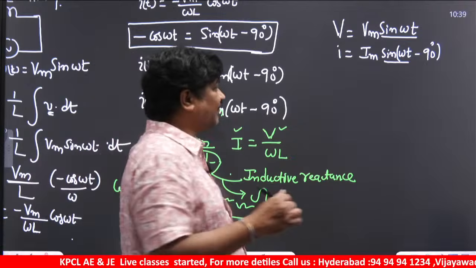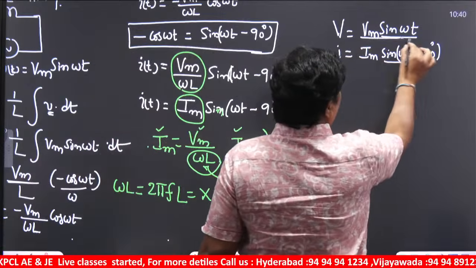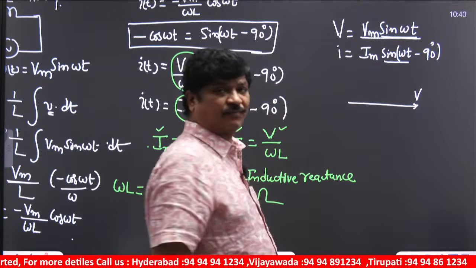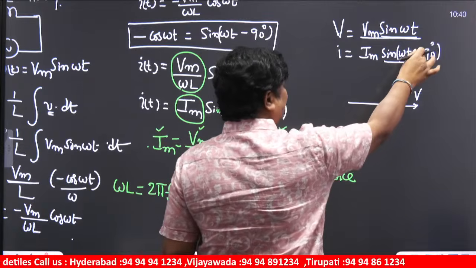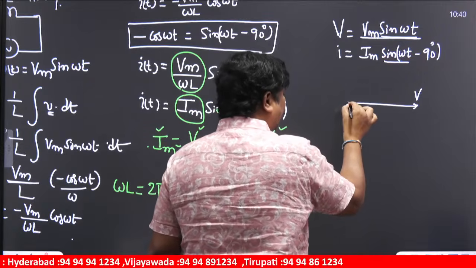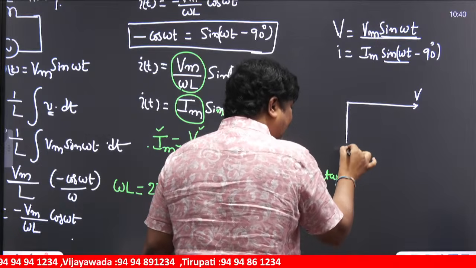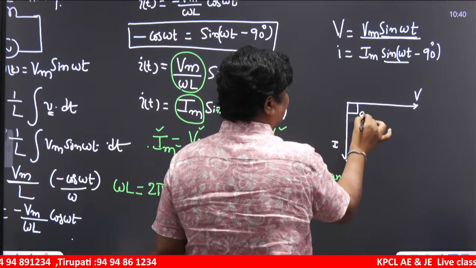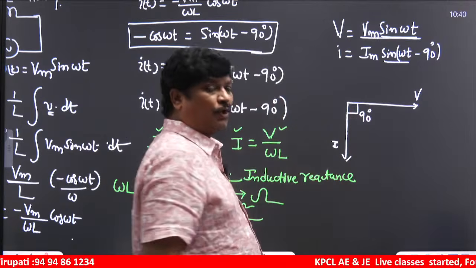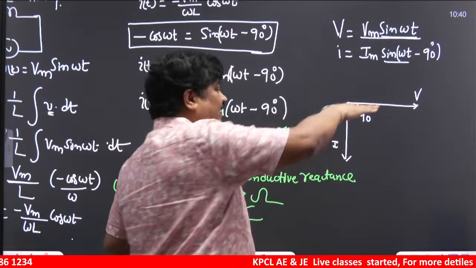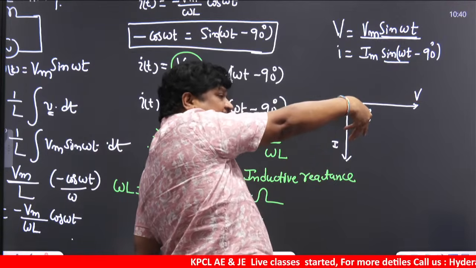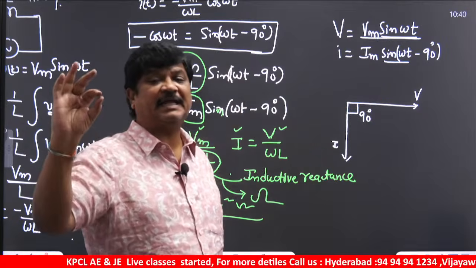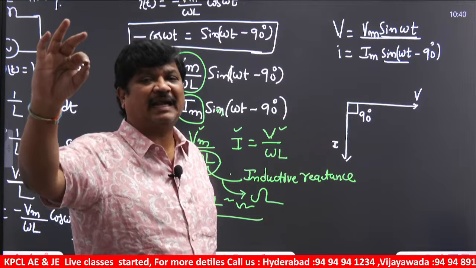Now see here, all of you. Voltage V is the reference. Now where is the current I? At minus 90, this is 90 degrees. Who is first? First is the voltage. After 90 degrees, the current appears. That's why current is lagging by 90 degrees in a pure inductive circuit.